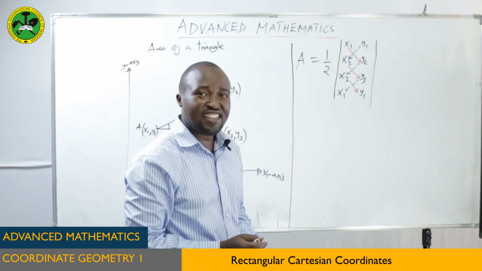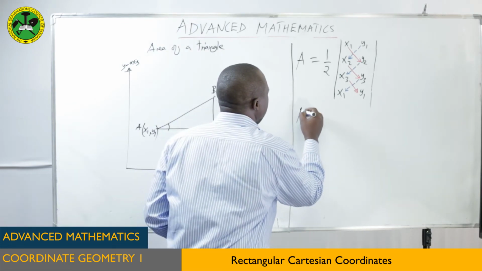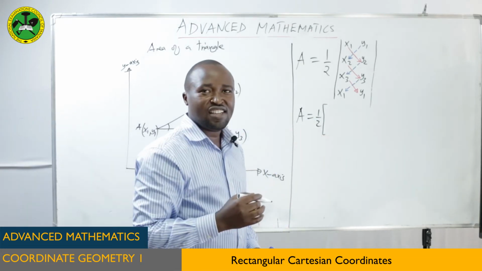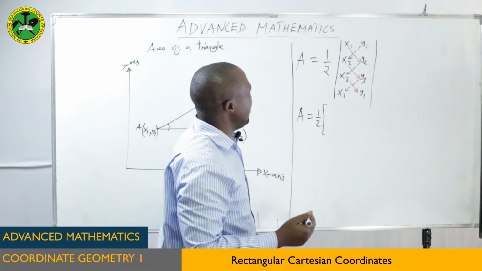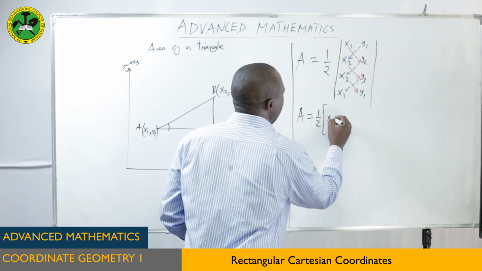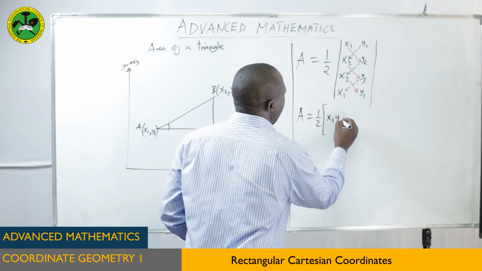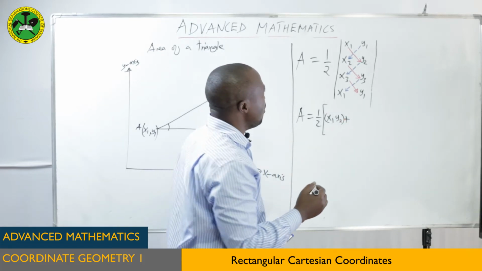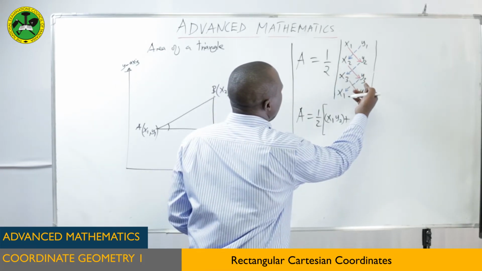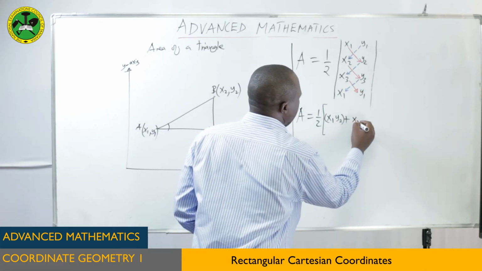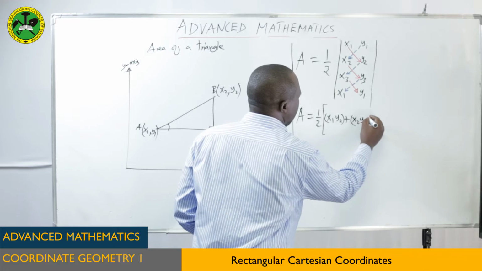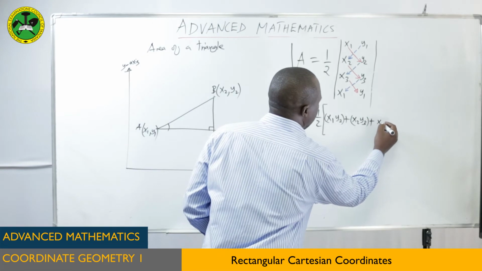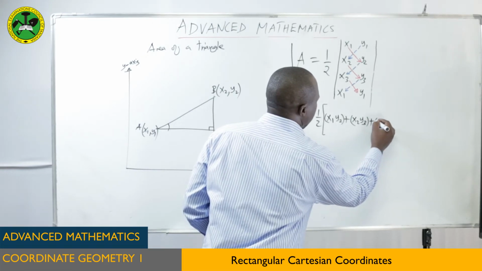Therefore, the area of a triangle, that is A, will be equal to a half. Then we use the bracket. We start with the arrows, that is x1 times y2, plus x2 times y3, plus x3 times y1.